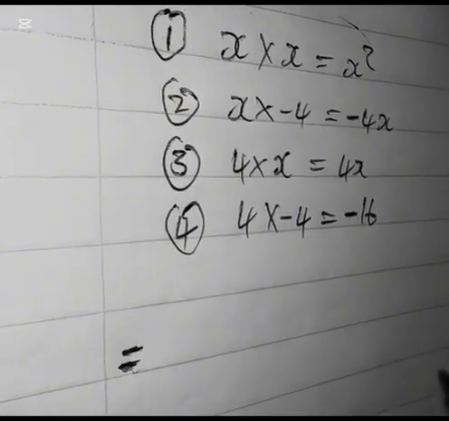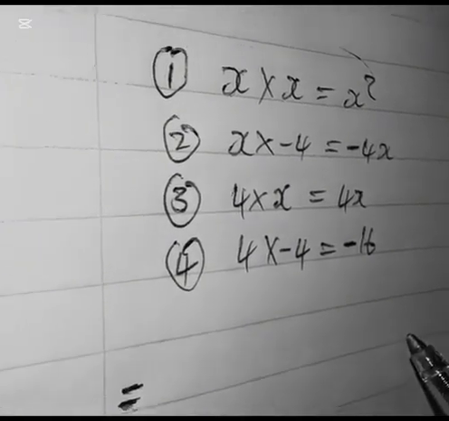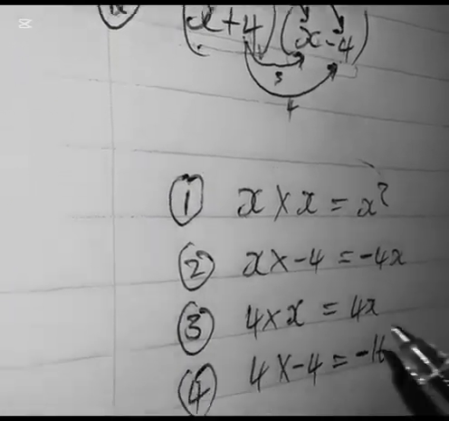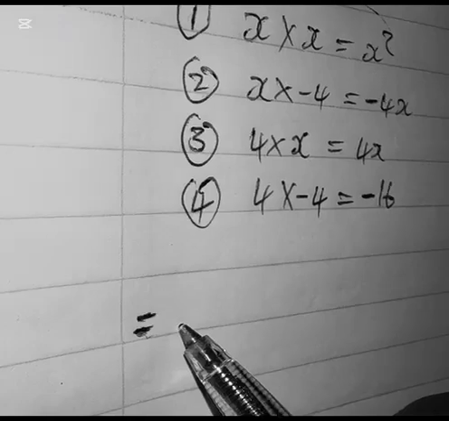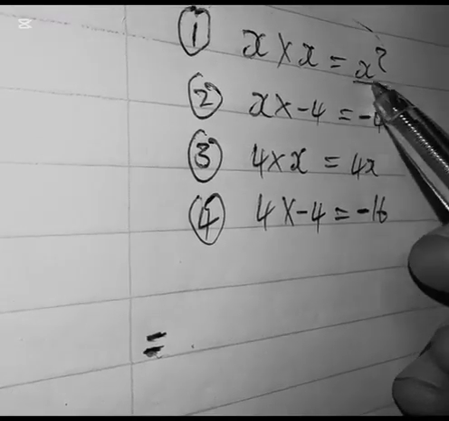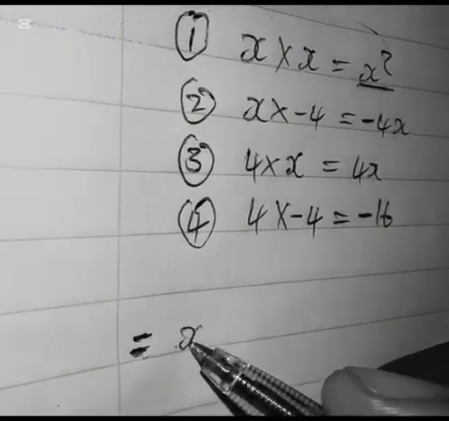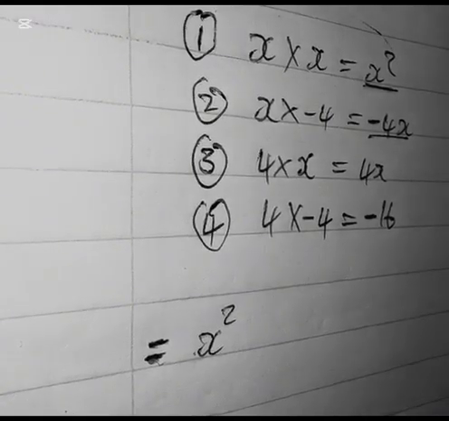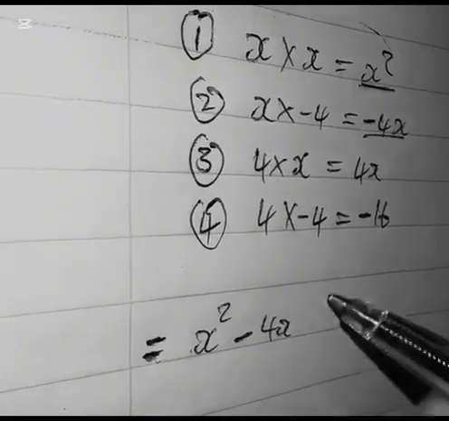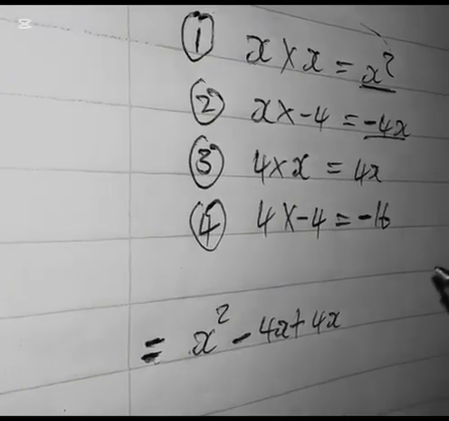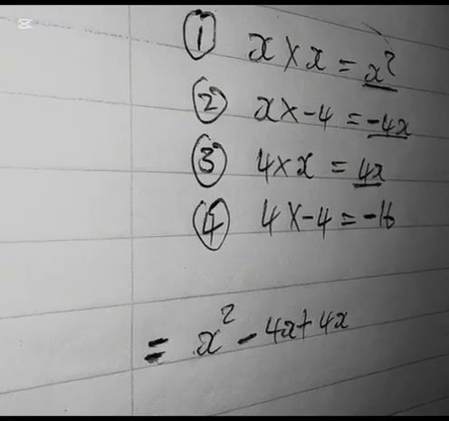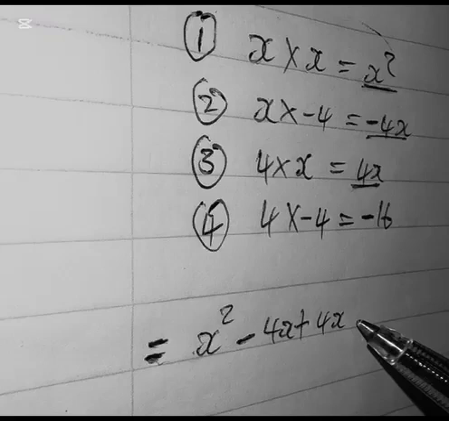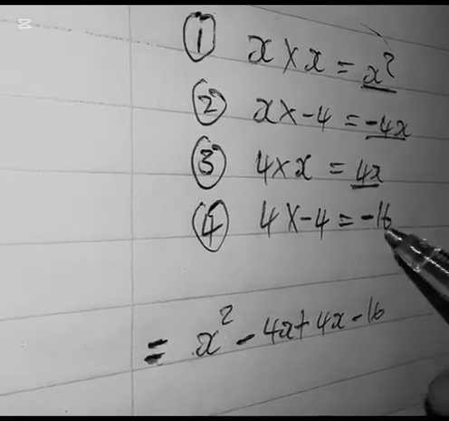Term number 1 is x squared, term number 2 is negative 4x, which is the answer of our second root, term number 3 is 4x, the answer of our third root, and term number 4 is negative 16.